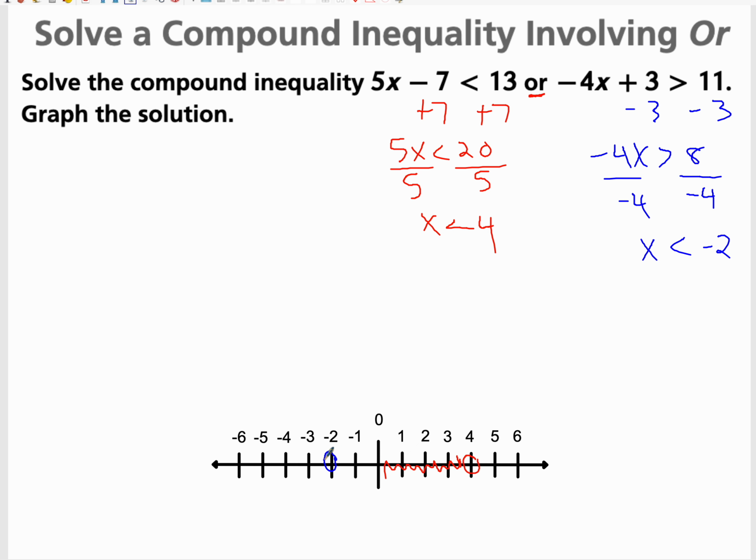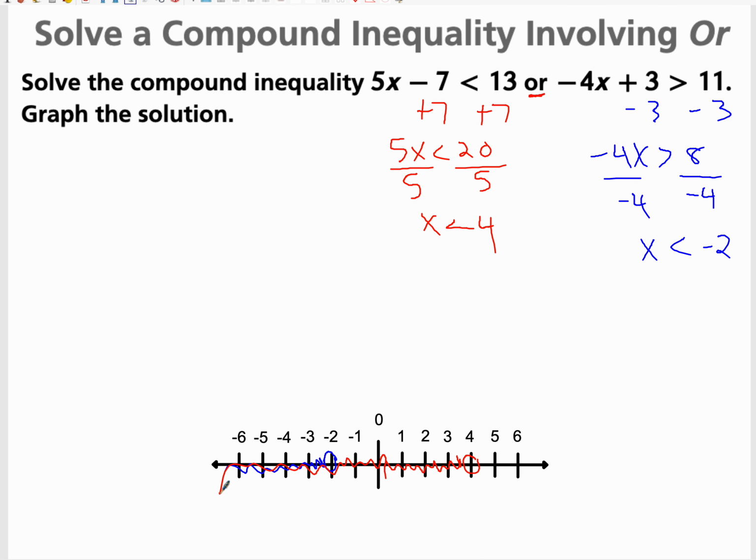This is an interesting one because it starts off as an or, and it kind of morphs into really a single inequality. If I had just graphed it all in red, then it would run together. So really, x is less than 4 becomes the dominant portion of that answer. And that's okay. That's the way they come out sometimes.